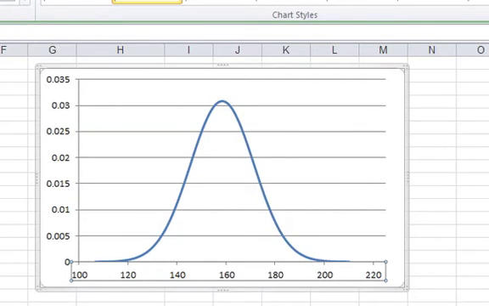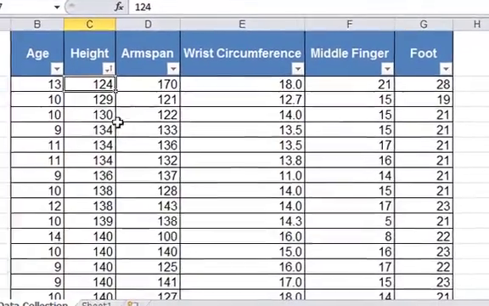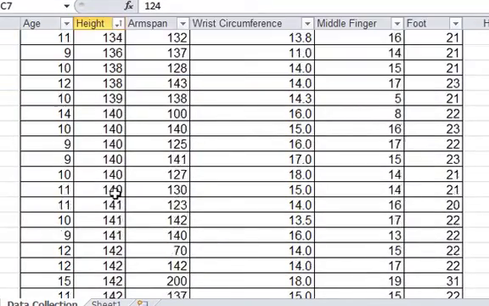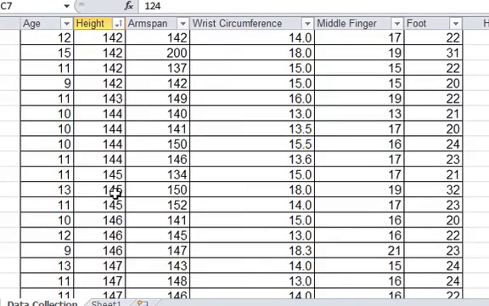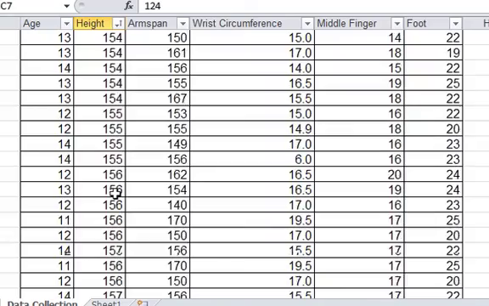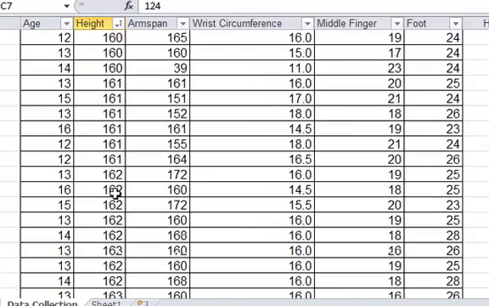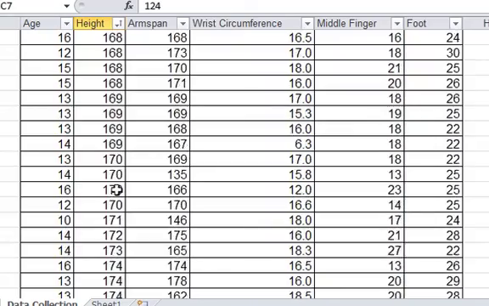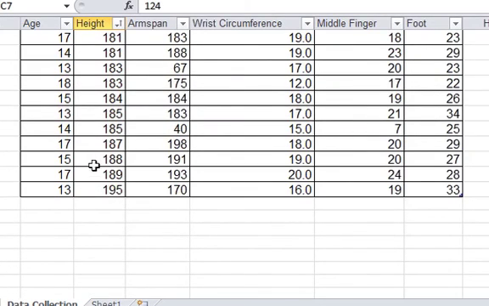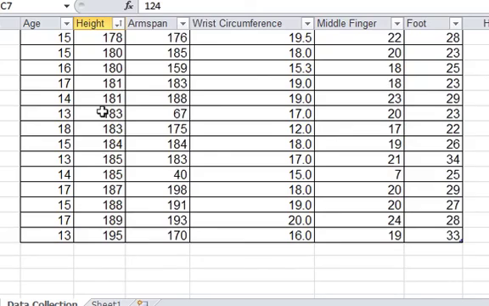If we go back to our data table, notice that we've got very few people down here. This gives us a very good feel as to how our data is distributed. And again, there are very few people above 185 to 195.